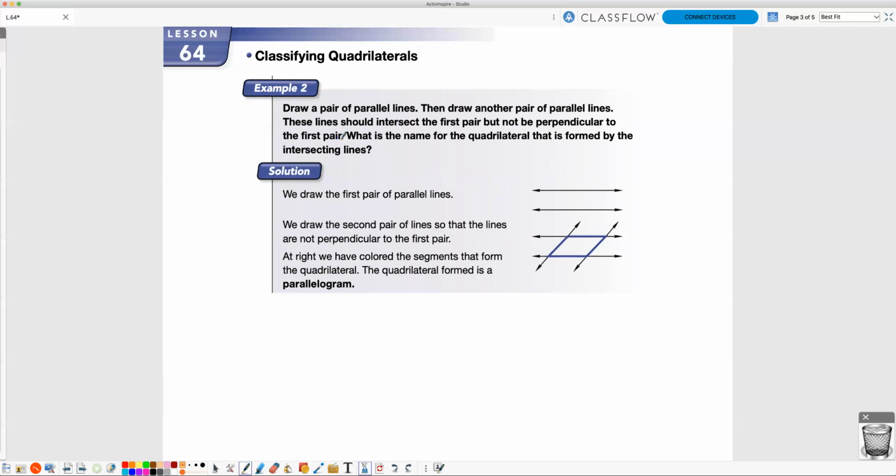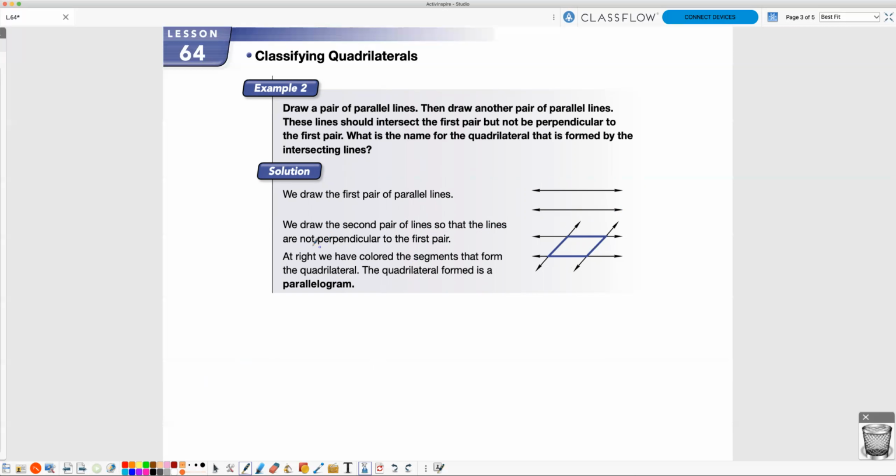Example 2. Draw a pair of parallel lines, then draw another pair of parallel lines. These lines should intersect the first pair, but not be perpendicular to the first pair. What is the name for the quadrilateral that is formed by the intersecting lines? So here's the first pair of parallel lines, and if we were to overlay a second pair of parallel lines so that the lines are not perpendicular to the first pair, we could have this.